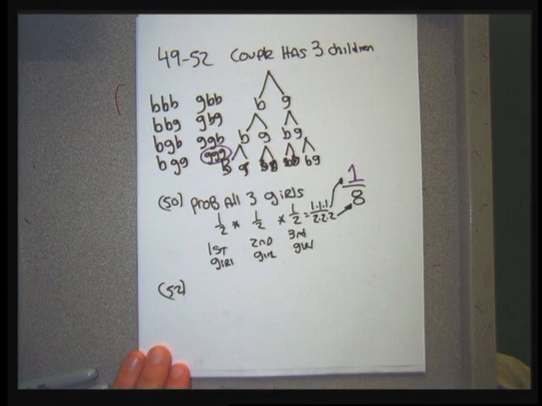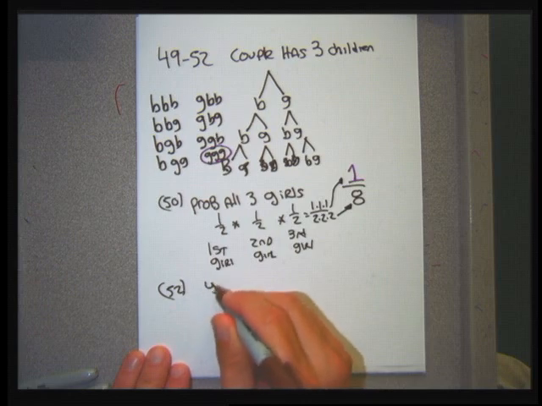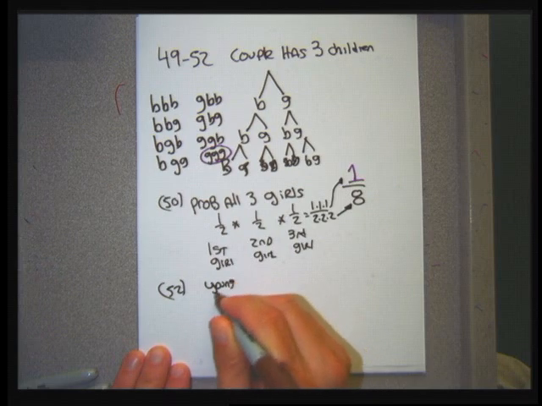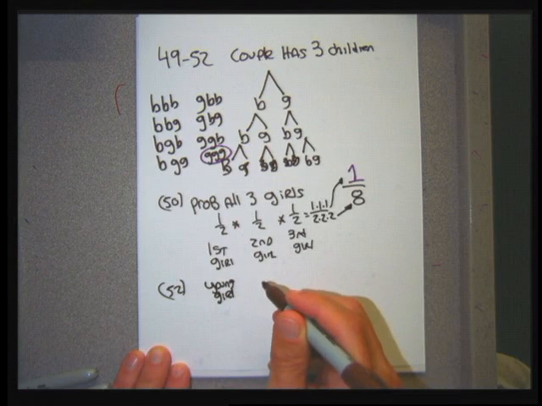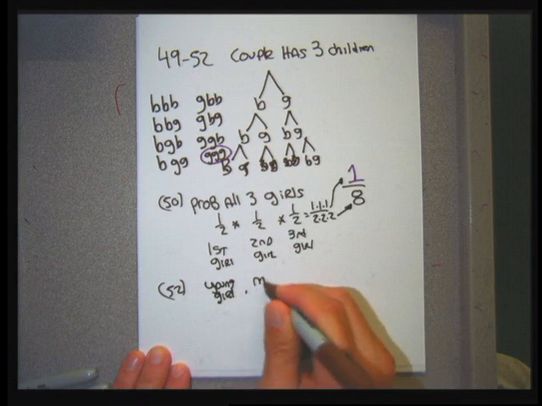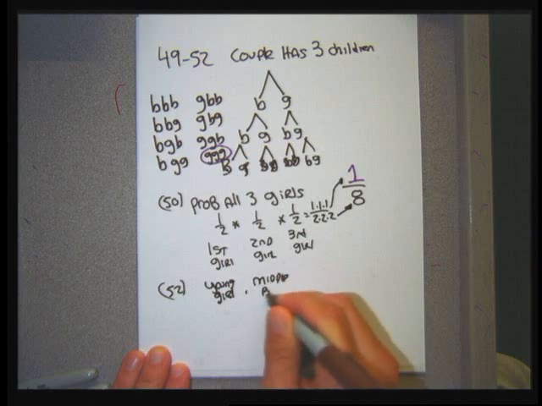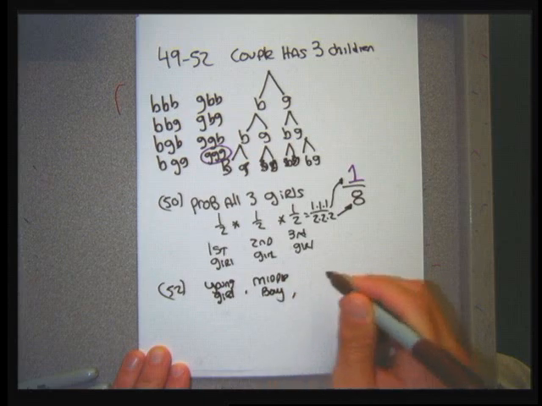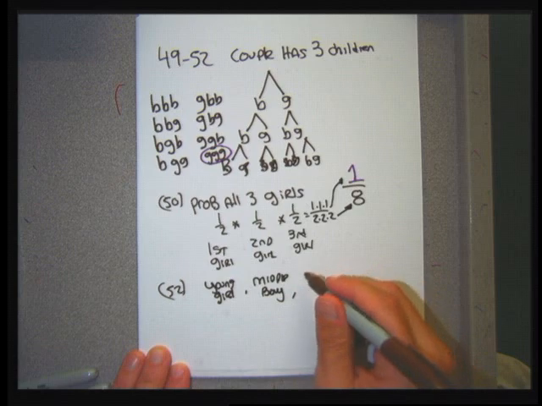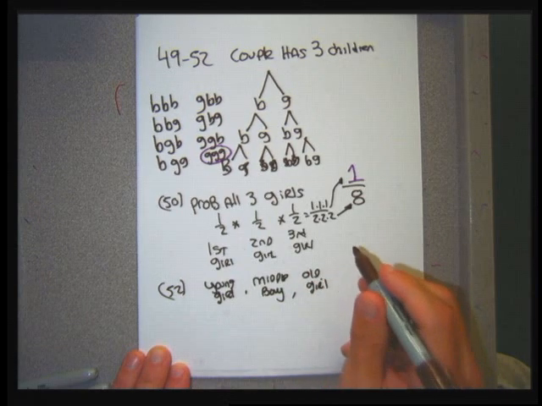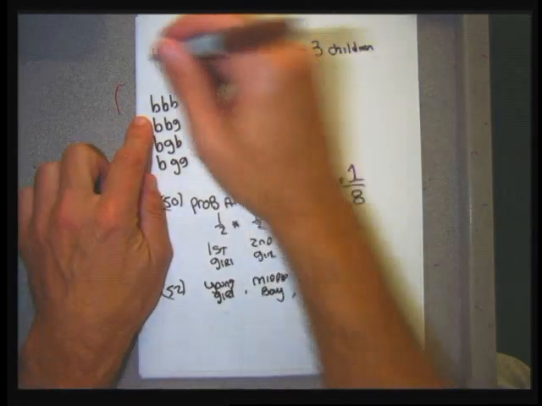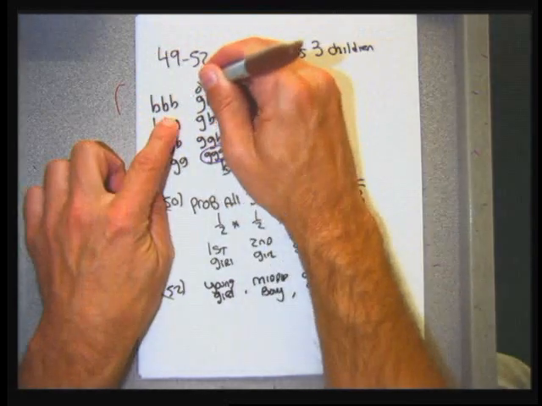So 52 wants me to do the youngest is a girl, and then it wants the middle to be a boy, and then it wants the oldest to be a girl. If I look, mine goes oldest first, so I want the oldest to be a girl, so it's in this column.